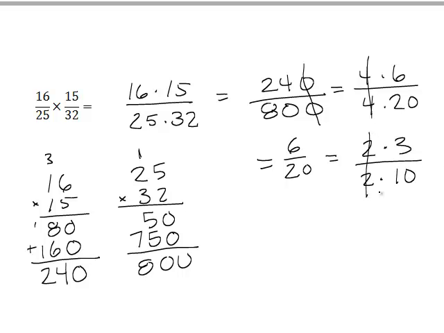That's another 1. We're canceling our 1s out, finding common factors in the numerator and the denominator to reduce it. So ultimately, I believe I'm done now, 3/10. So as a reduced fraction, 16 25ths multiplied by 15 32nds is 3/10.